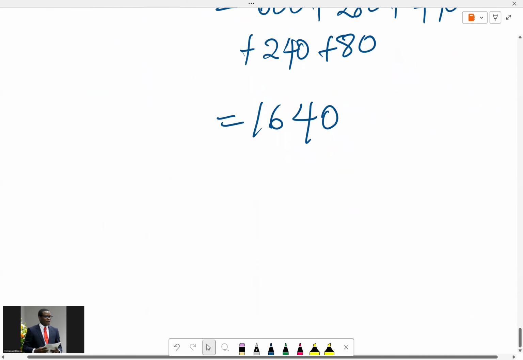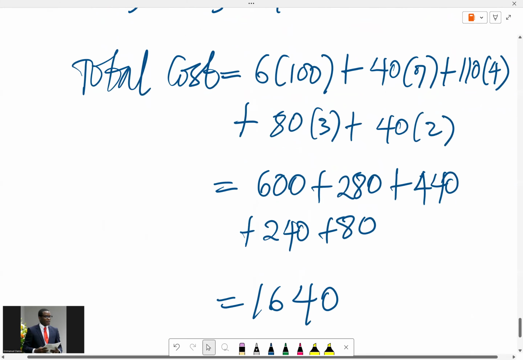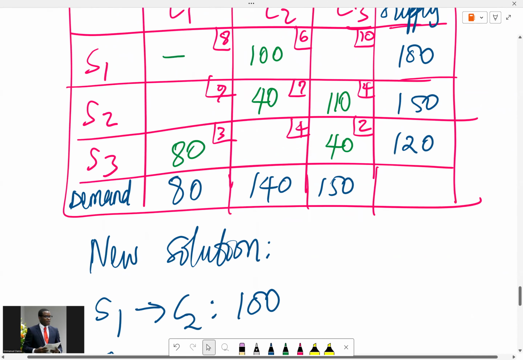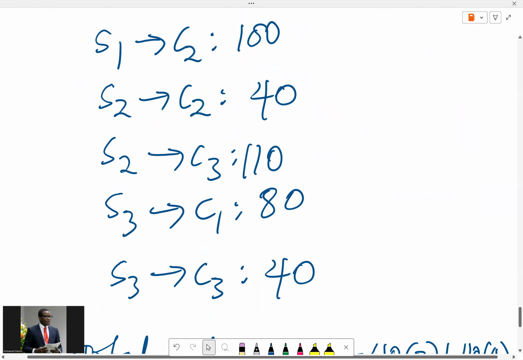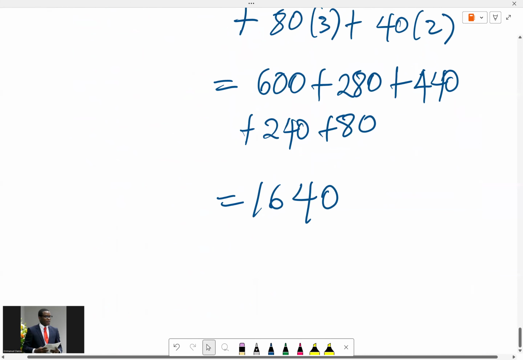But the question is, is this an optimal solution? We have to check if the solution is optimal again. How do we go about it? We have to check for the empty cells again.